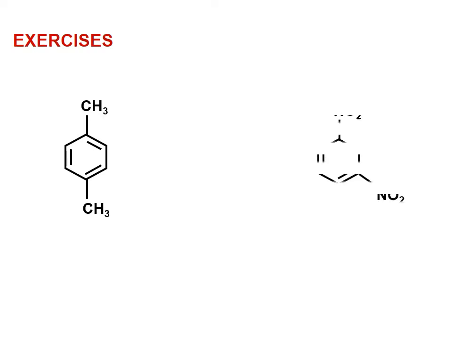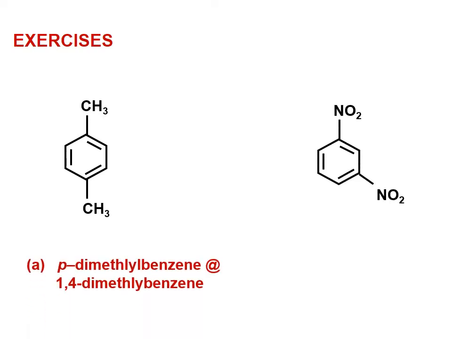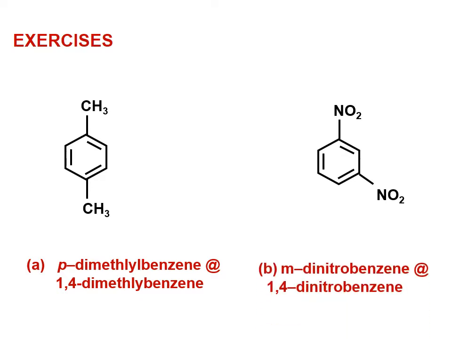Okay, let's look at another example, which has two methyl groups attached to positions 1 and 4. So it can be 1,4-dimethylbenzene or p-dimethylbenzene. And this one has two nitro groups attached to carbon 1 and 3, so it can be m-dinitrobenzene or 1,3-dinitrobenzene.